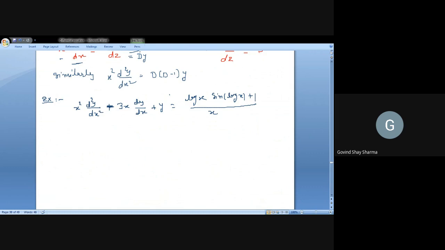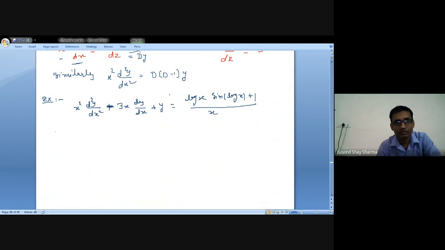So here this is the homogeneous form of differential equation.